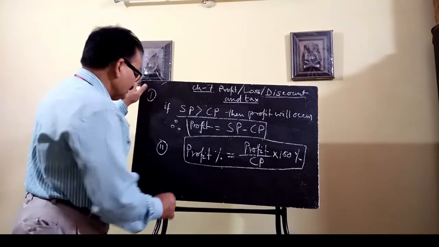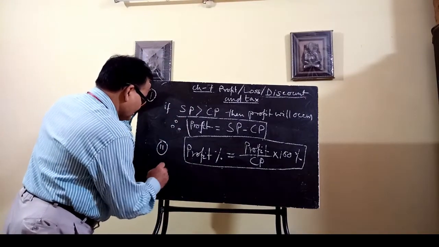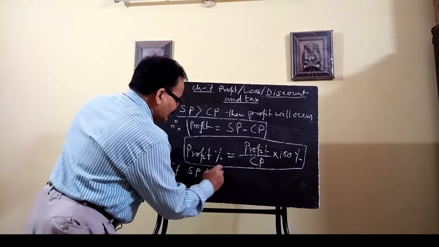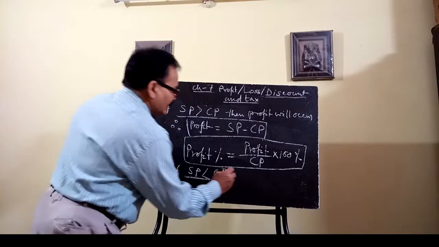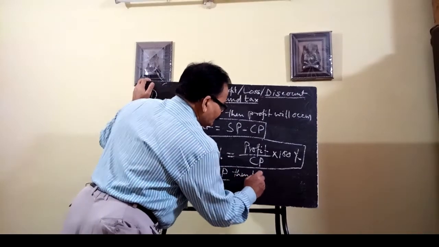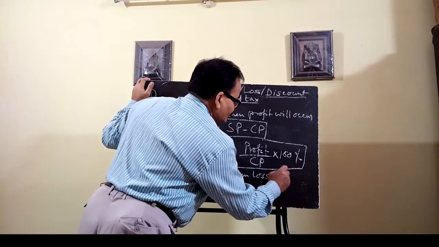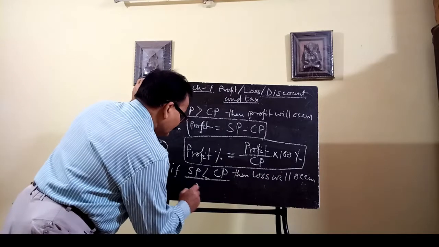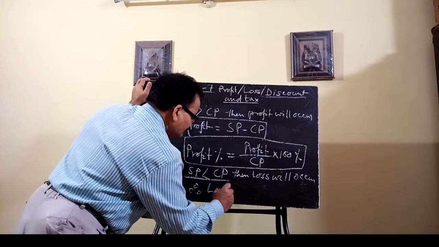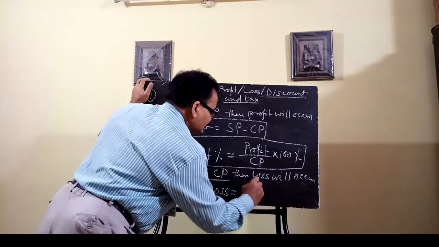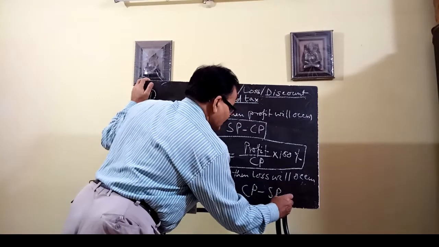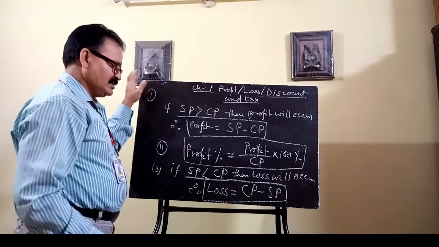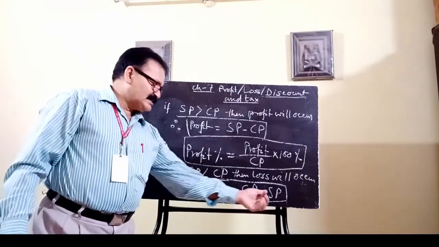Now see number 3. If SP is less than CP, then loss will occur. Therefore, loss will be equal to CP minus SP. Here you can find the loss by subtracting SP from your CP.